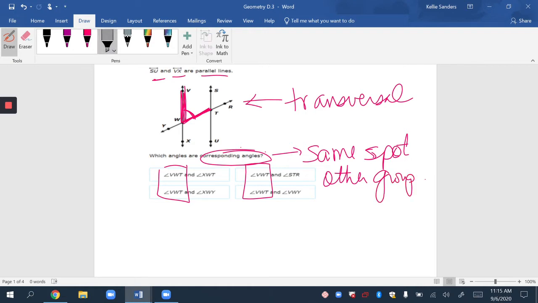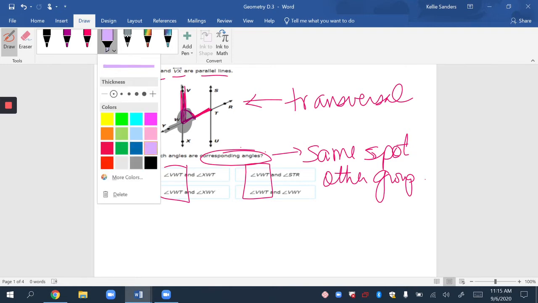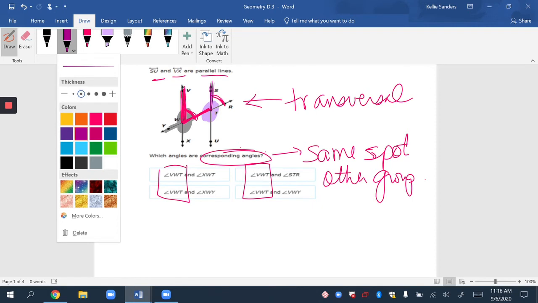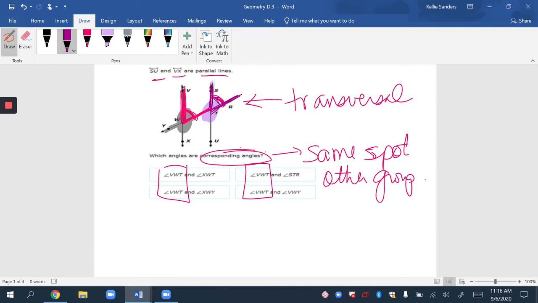Okay, so see where these two lines connect? These angles are one group, and these angles are the other group. So if I've done this one to make VWT, the only other corresponding angle would be this one because it's in the exact same spot. So STR or RTS, those are the same angles, just STR.